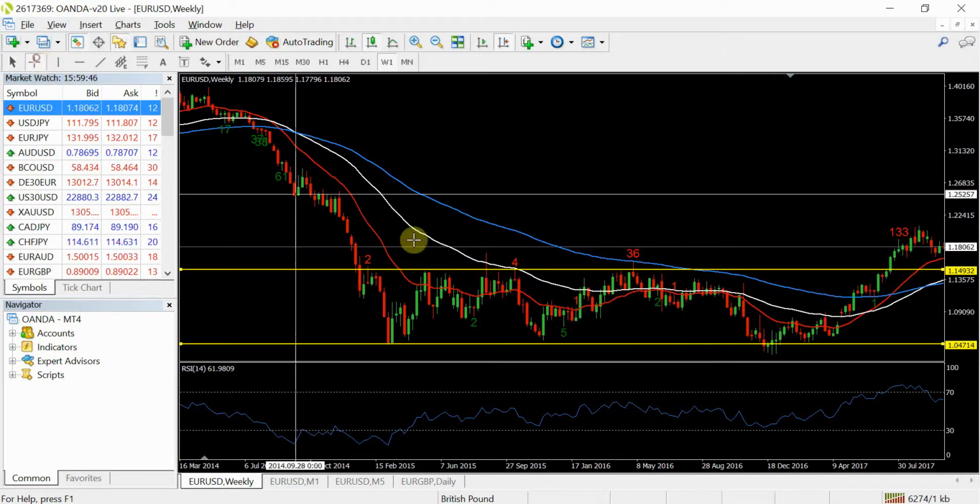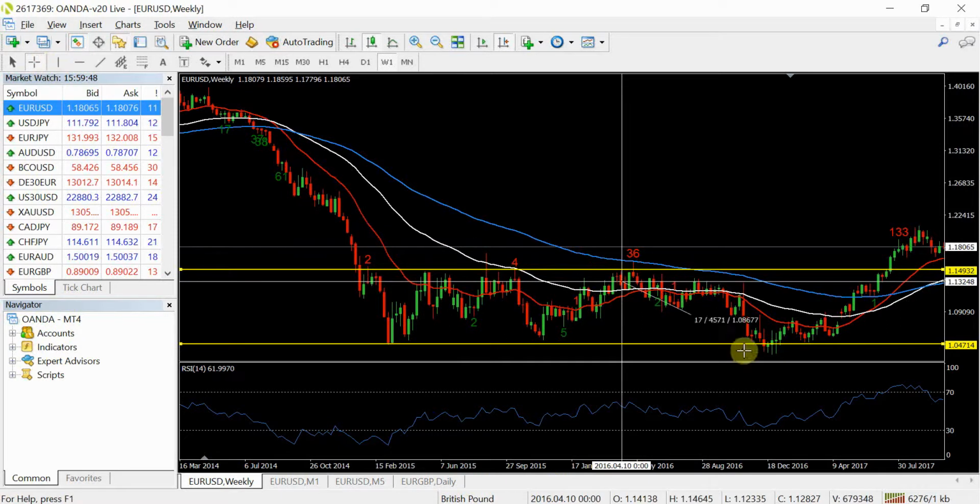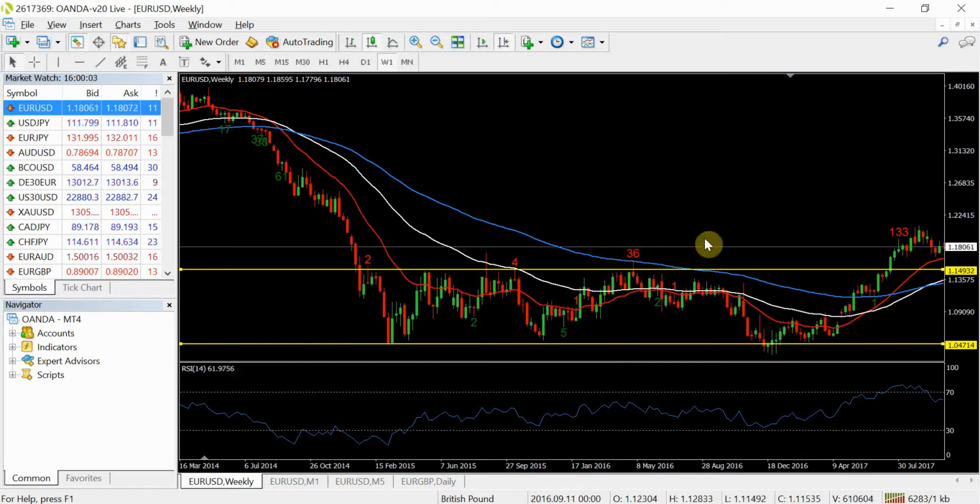I know this is a weekly chart, so it's 1,000 pips, and I don't think anyone will probably have a 300 pip stop, but at 1% of your bank, you can easily make 2 to 1, or even 3 or 4 to 1 there. That's just an example.